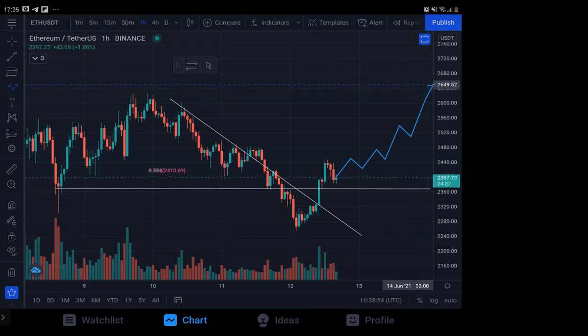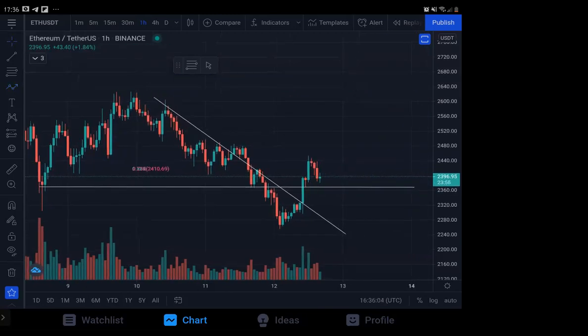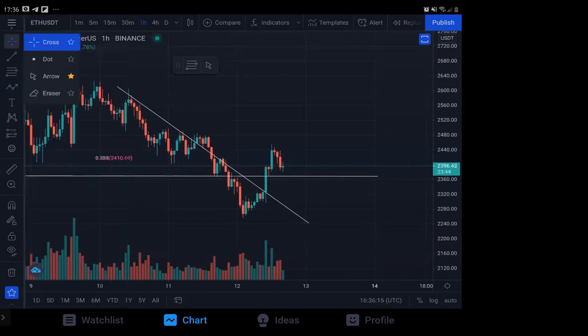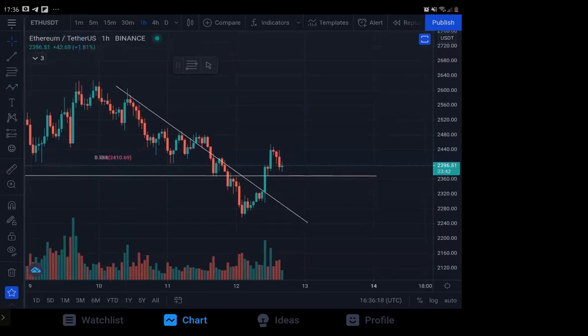So what actually happens in such a market is that it follows a pattern. It's called structured trading. When a support or a resistance is being broken, there's always a chance of retesting, which in this point, the retest is this area.